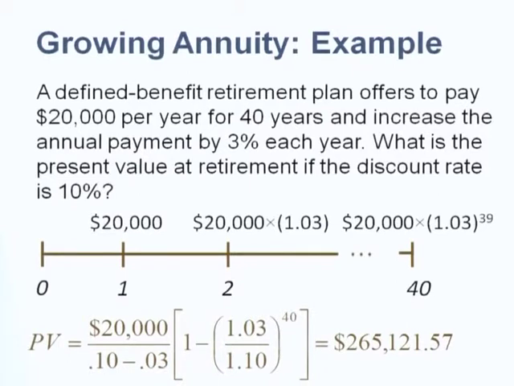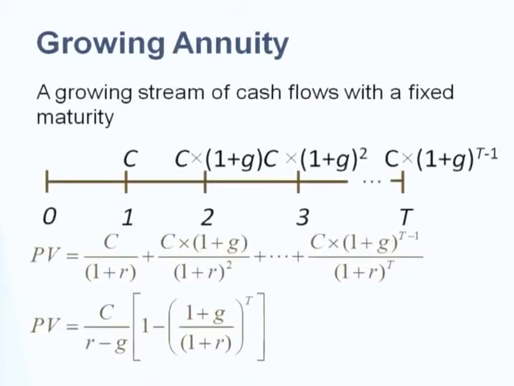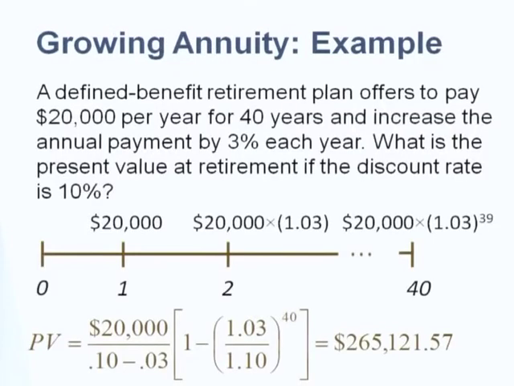The first PMT is 20,000, so C is 20,000, and G is 3%. It grows every year by 3%. In order to find PV, use the formula. Remember the formula, and put the numbers into it.